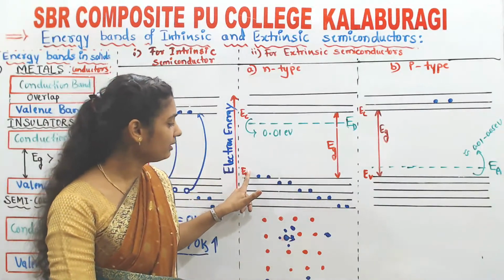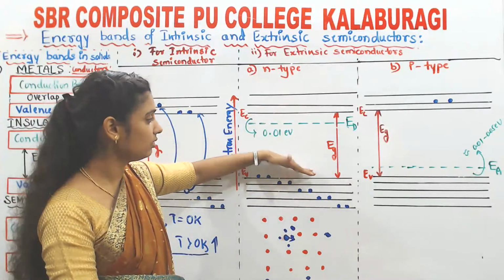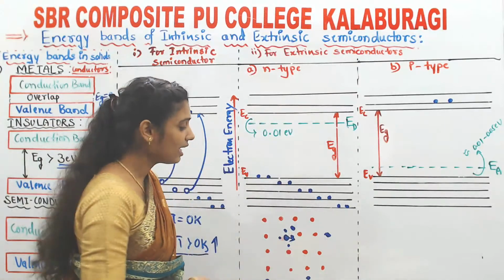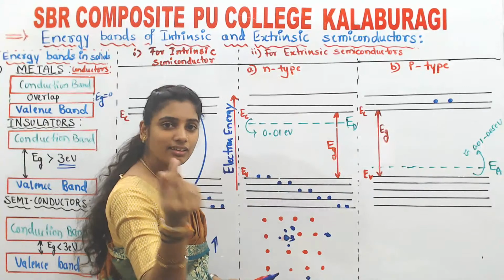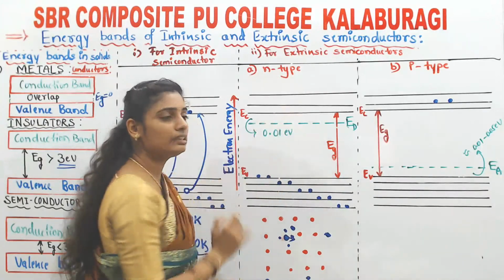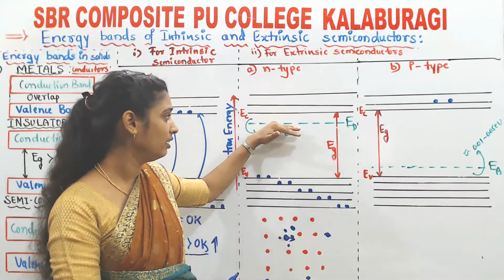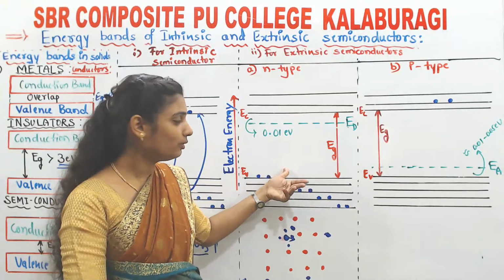So instead of drawing that energy level here, it will be at a distance from the valence band, closer to the conduction band. That means it has an energy level which is just slightly less than the conduction energy level. So that's why this energy level is placed immediately below the conduction band, not above the valence band.